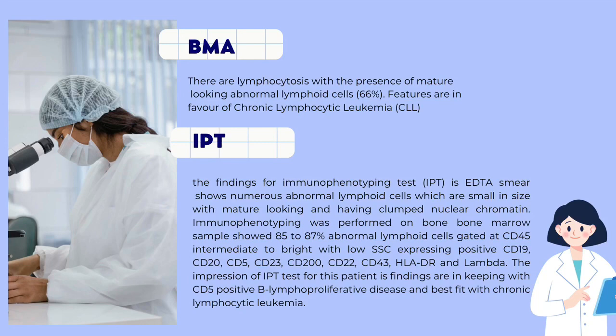Then the findings for the immunophenotyping test: the EDTA smear shows numerous abnormal lymphoid cells which are small in size, mature looking and having clumped nuclear chromatin.